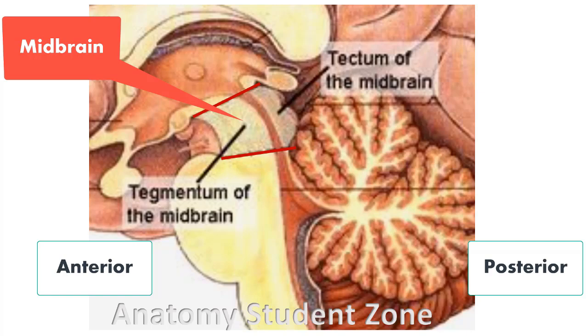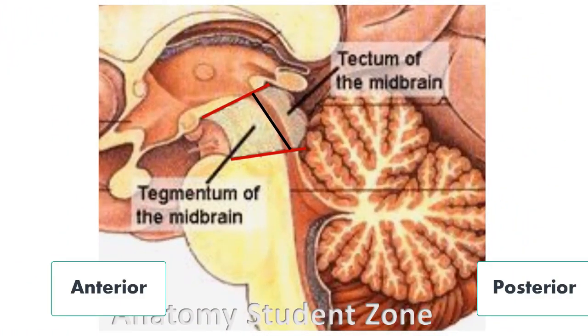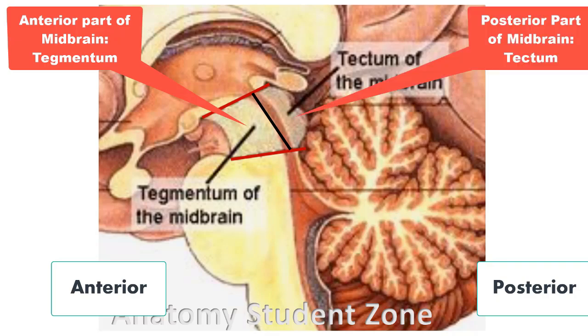You have to remember that the midbrain, which we also name the mesencephalon, has two parts. In this image, the black line is dividing the midbrain into two parts: one anterior to this line and the second posterior to it. The ventral or anterior part of the mesencephalon is the tegmentum, and the dorsal or posterior part of the midbrain is the tectum.